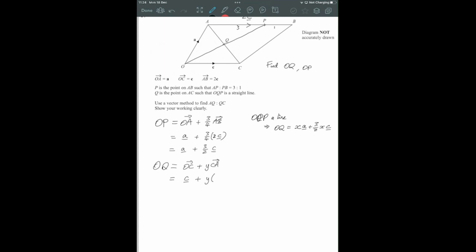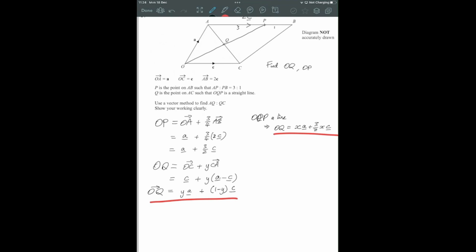CA is a minus c, remembering that if you go from one letter to the other, it's the second letter minus the first letter. So that is ya plus, and I'm going to factor out, 1 minus y c. So now I have two ways to write what OQ is.